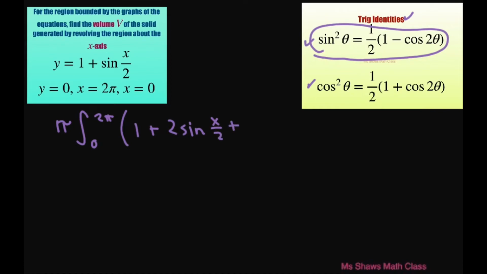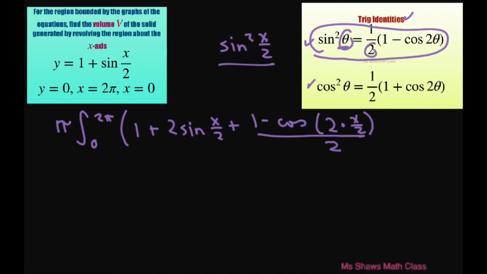And now that third term we had, sine squared of x divided by 2, that we're looking at now, is going to be 1 minus cosine of 2 times x divided by 2, because that gives you your x here, and then we're going to divide this by 2. All right, and then this is dx.